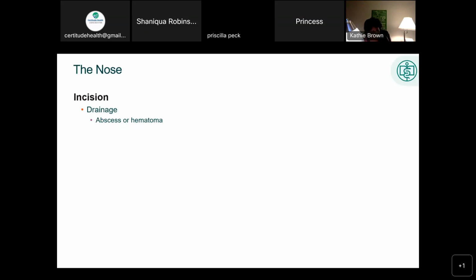So let's go to the nose, starting with the nose. I'm going to zoom through some of these, as I mentioned, so we can cover all of them. The nose section, starting with the drainage, has 2 procedures under incision.